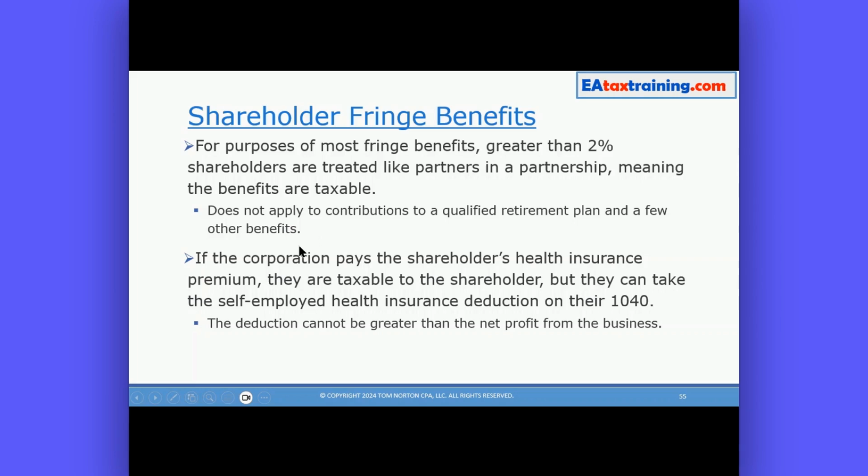But for the most part, if you've got a fringe benefit that is tax-free to other employees, if you are a greater than 2% shareholder, that fringe benefit is going to be taxable to you. And you will want to remember that 2%. So it's greater than 2% shareholders are the ones who are subject to this taxation of their fringe benefits.